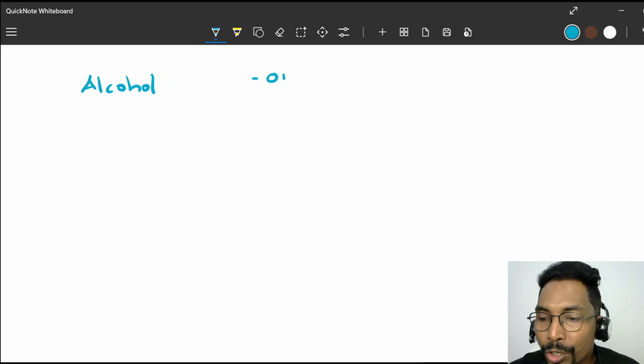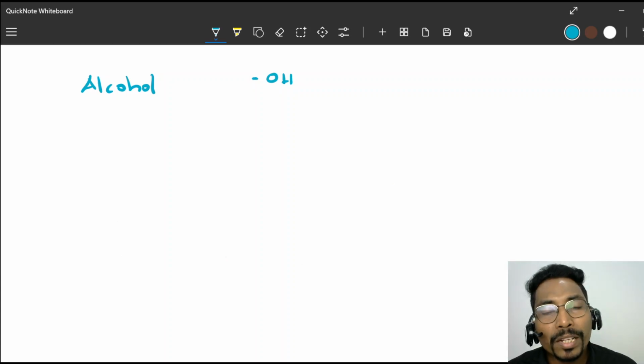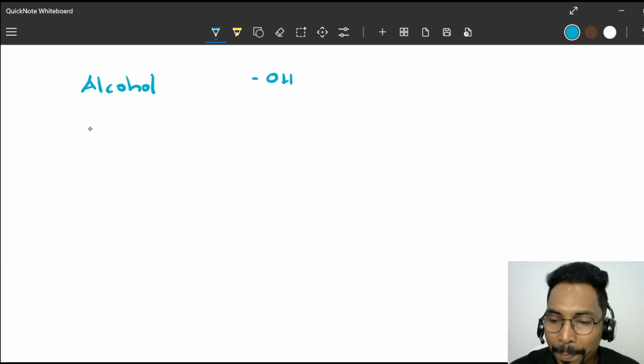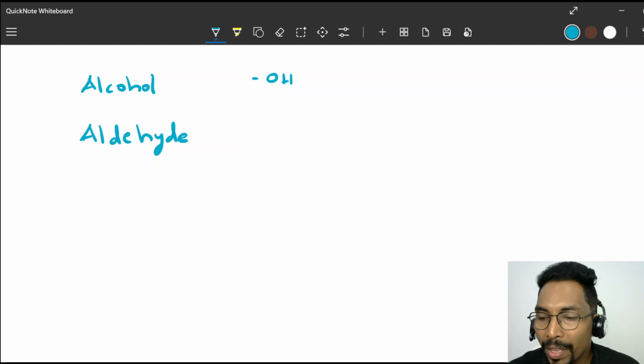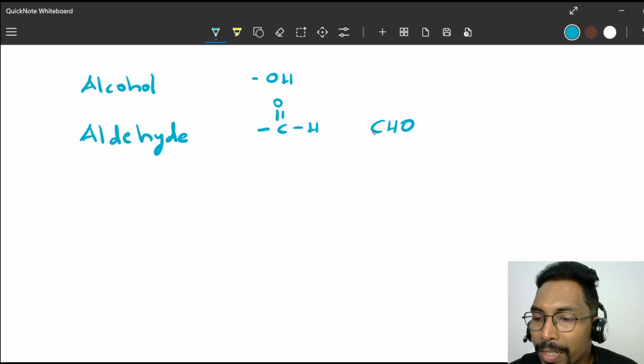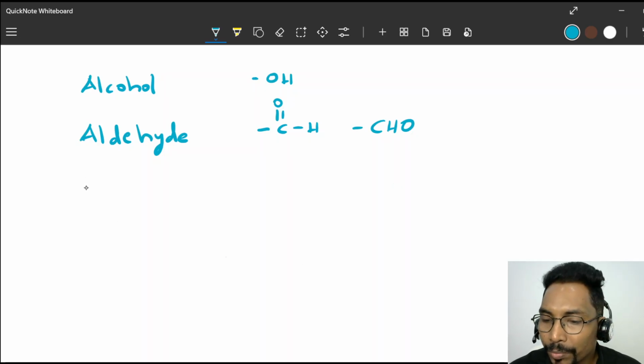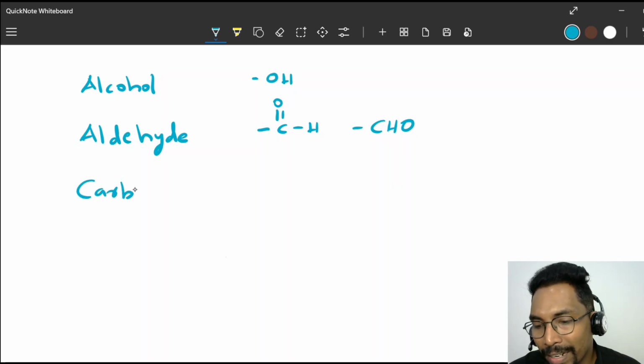Alcohol is the OH group. So OH group containing organic compounds are called alcohols. Then aldehyde. Aldehyde is C double bond OH, or you can write it as CHO. Then carboxylic acid.